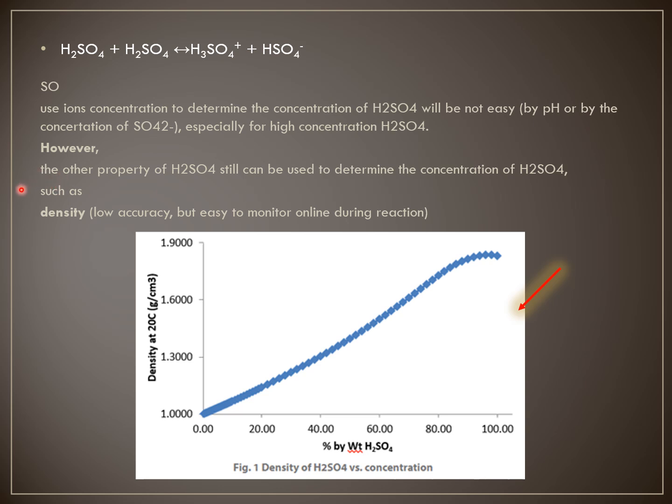The first parameter we can apply is the density. Density has quite a good linear relationship with the concentration of sulfuric acid. So when you apply density, you can relate the density of the solution, any mixed solution that contains sulfuric acid, to the weight percentage of the sulfuric acid.